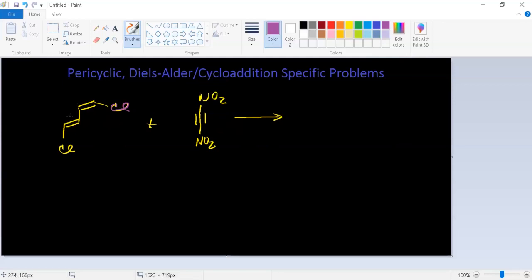We can tell it's cis by the way it's oriented on the double bond, and the yellow chlorine is trans. So the whole molecule is in its S-trans form, and if we want to move it into its S-cis form, we can easily do that because we know it has to look something like this. And then we can place in the purple chlorine.